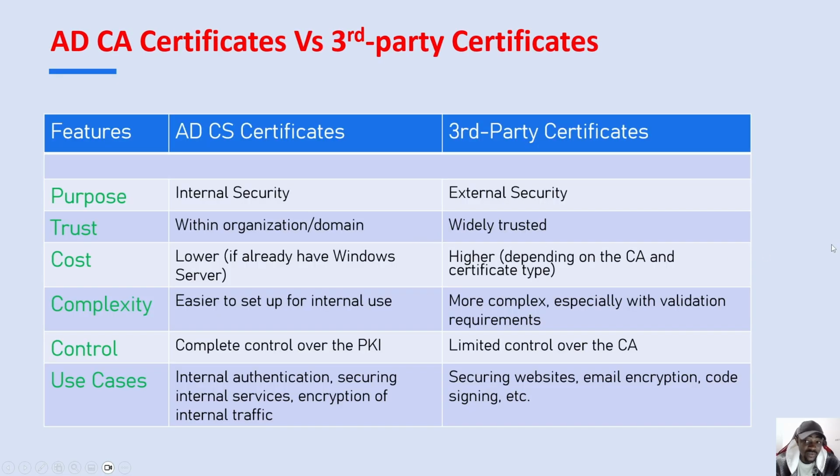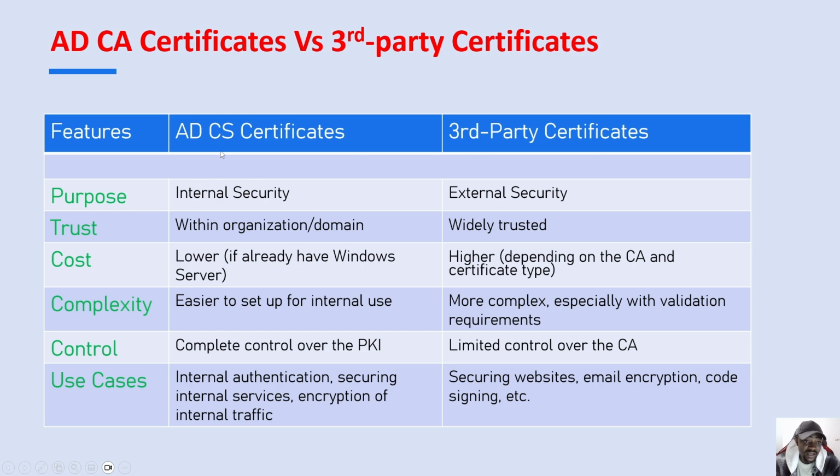So now let's do a little comparison between having an ADCS, or Active Directory Certificate Authority, versus buying a certificate from a third-party organization. So here you have ADCS certificate versus third-party certificate.